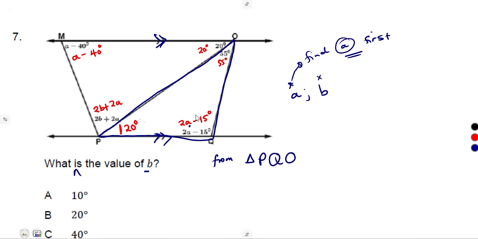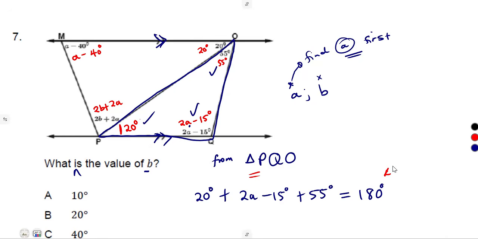So angles in a triangle, they add up to what? 180 degrees. So combine everything: 20 degrees, plus 2A minus 15 degrees, plus the 55 degrees there. All these angles should add up to 180 degrees. These are angles in a triangle, sum of angles.